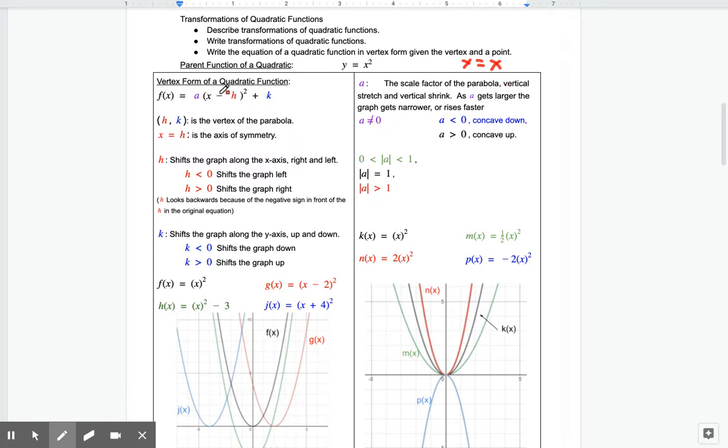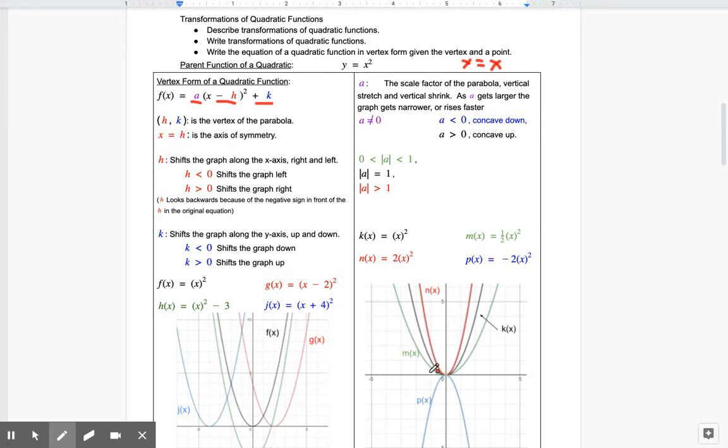transform and scale. So the a value will scale the function, and the h and the k will transform or translate the function. So (h, k) is the vertex of the parabola. x equals h is also the axis of symmetry.